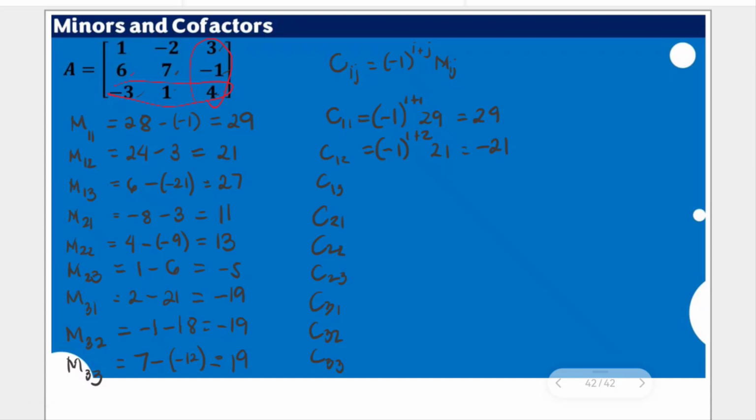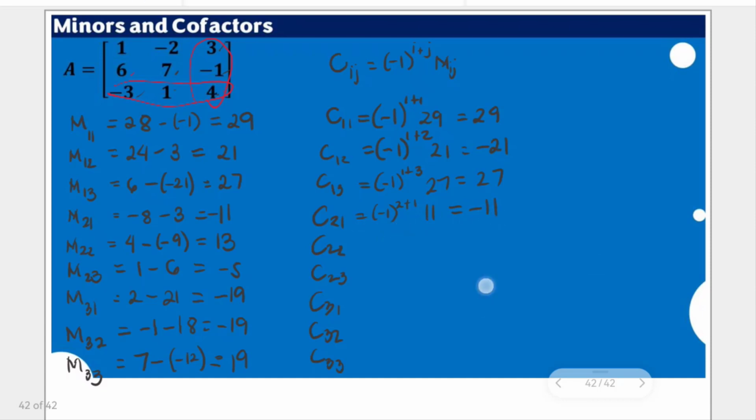Next, so negative 1 to the 1 plus 3, that's even, right? So it's still 27. Here, we have 2 plus 1, that's odd. So you will have, by the way, negative 11 earlier. My bad. I forgot to put negative 11 earlier. Okay. So I was thinking it was 11. So here would be 11. This time, negative 11. Because of this, it becomes negative.